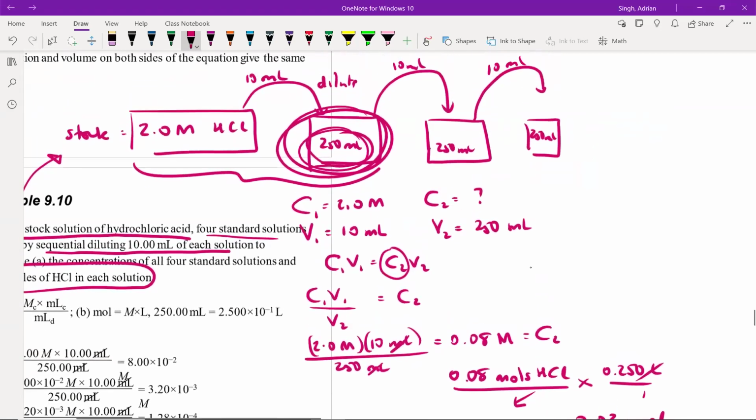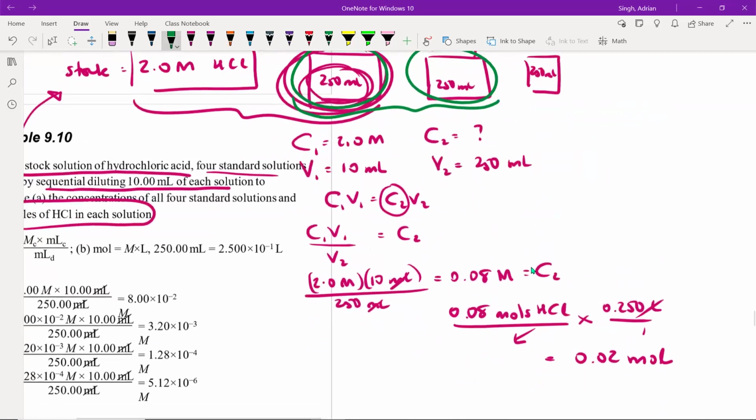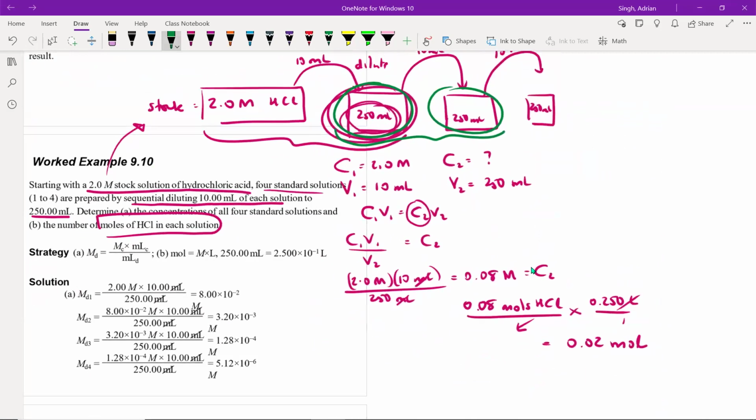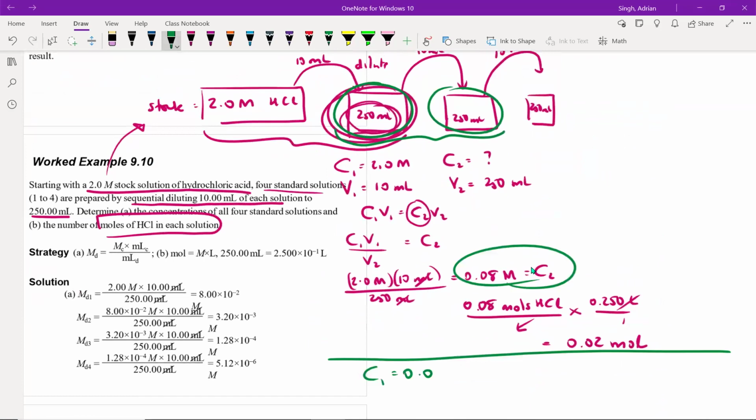Now for the second dilution, so going from here now to this one, now I'm relating these two. Right there, we'll try to keep this color-coded. My initial concentration, my C1, would be the C2 from the previous step, so that's 0.08. My V1 that I'm using there is 10 mils again.